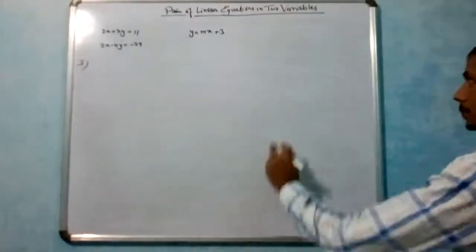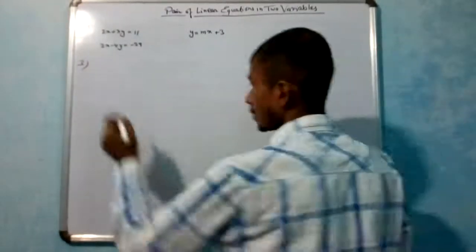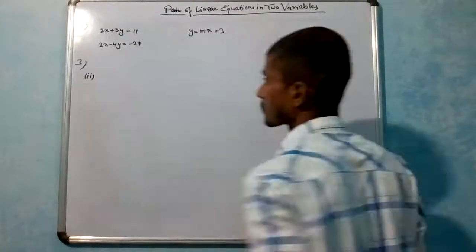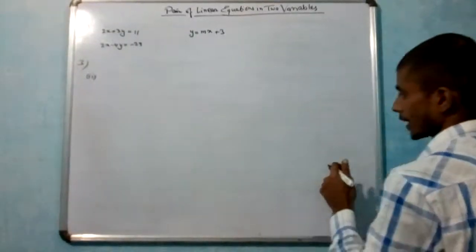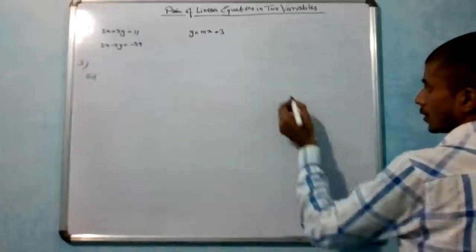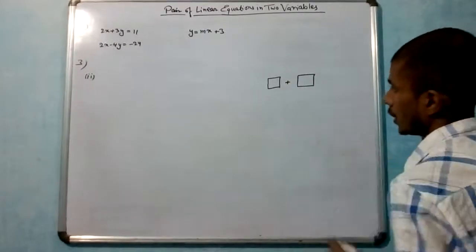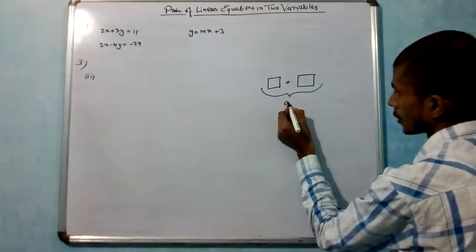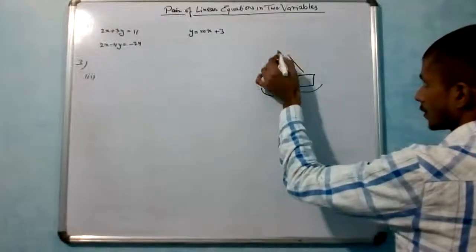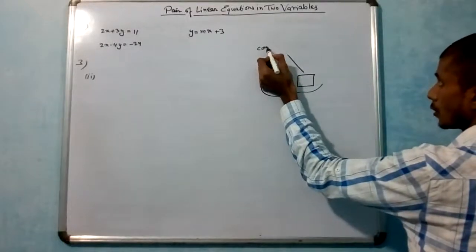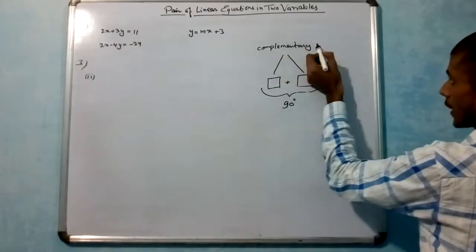Do you know what are complementary angles, supplementary angles? Complementary angles means, see, here is one angle written, here is one angle written. If their sum is how much? 90 degree, then these two are called complementary angles to each other.